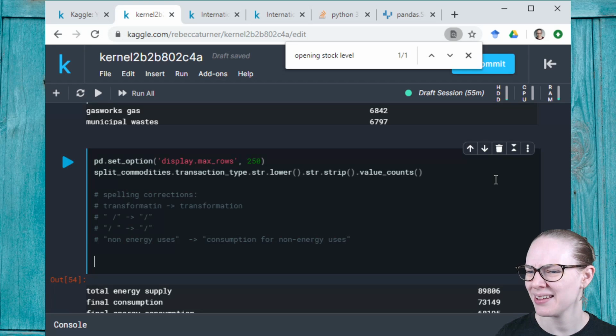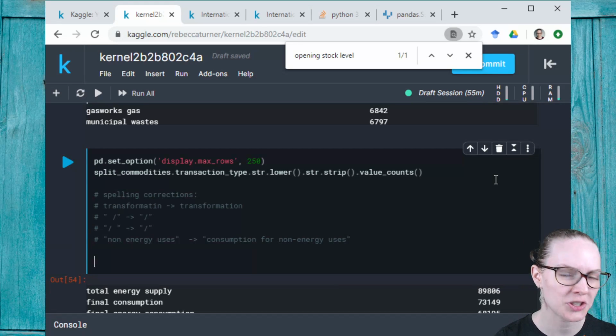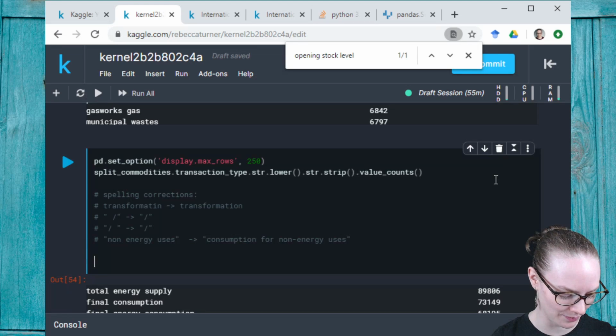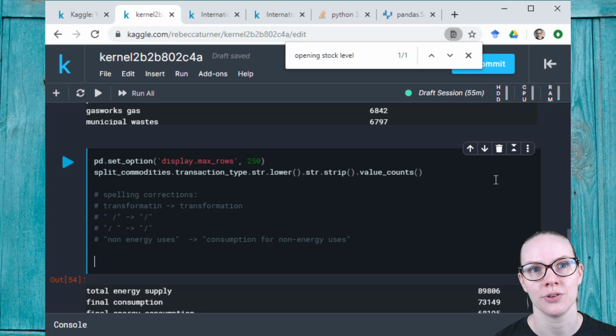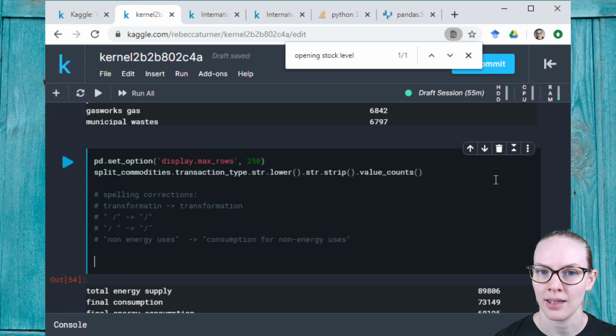Enrique says, is there any spell checking in pandas? I don't know. I would be surprised, especially because that's very language dependent, and I wouldn't feel comfortable including a language dependent module in a popular package unless I was covering a lot of languages, and that's a big enough project that it should be its own thing.